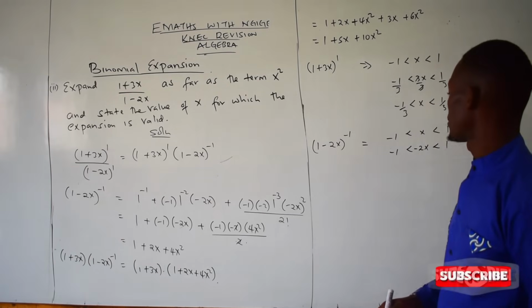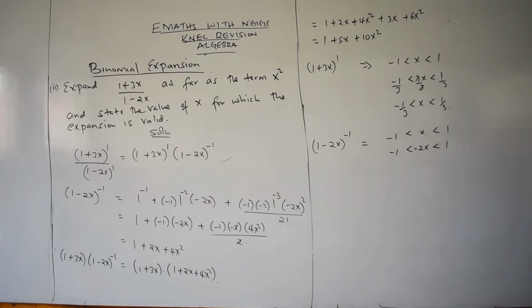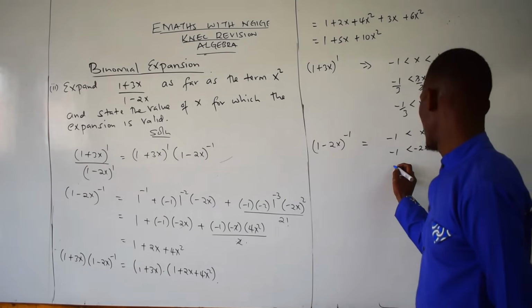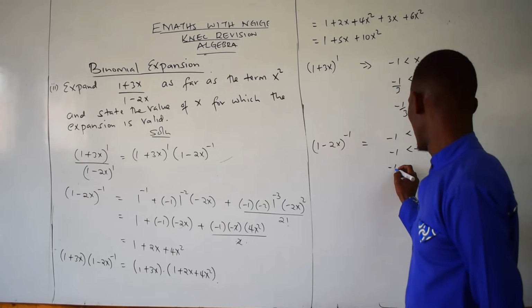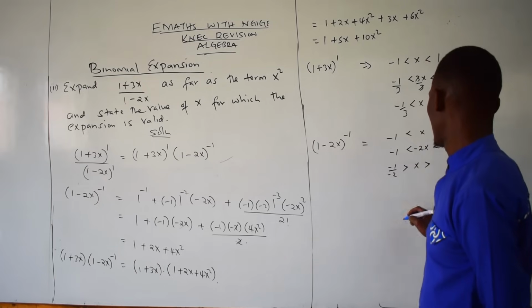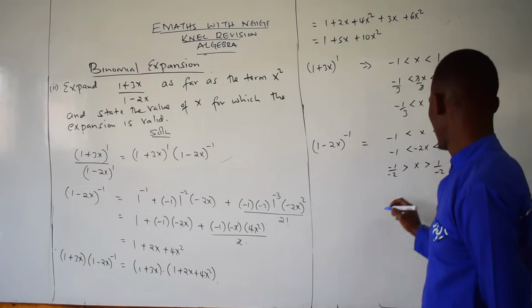So divide all sides by negative 2. Remember again, dividing by a negative changes the inequality. So dividing by negative 2, we shall have negative 1 over negative 2, this one changes, then you have x, this one changes again, becomes 1 over negative 2.